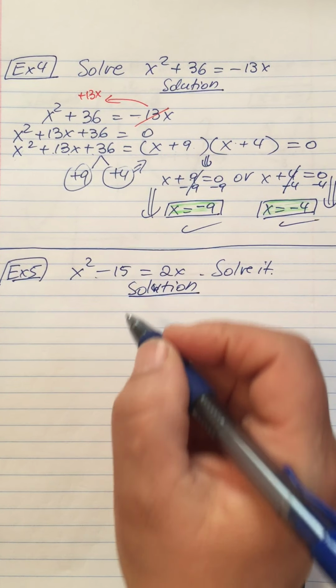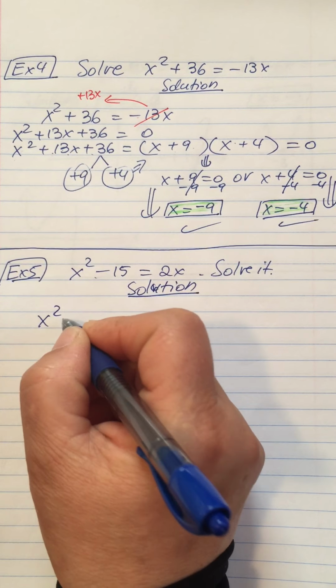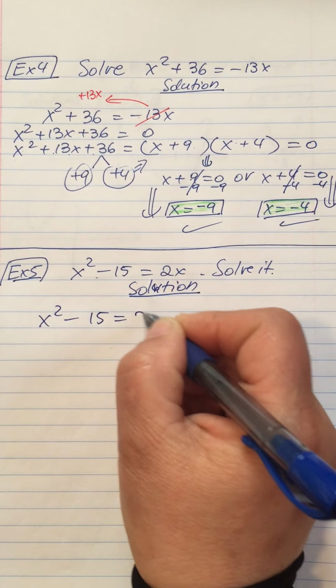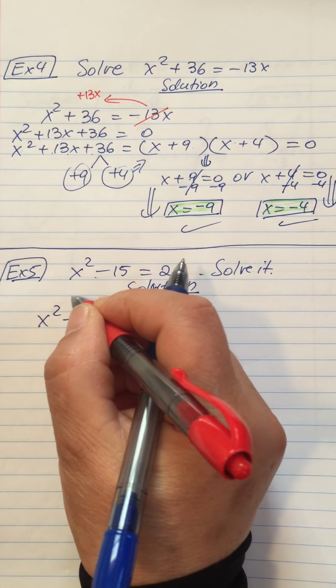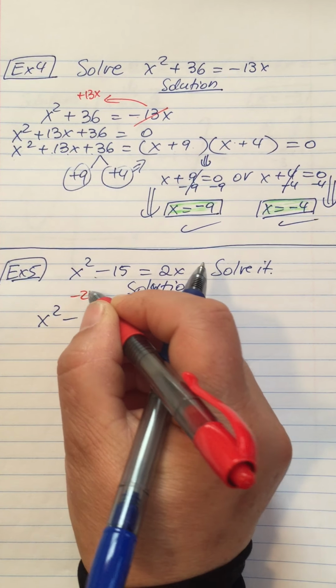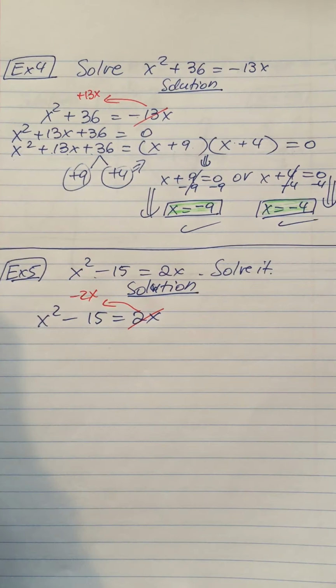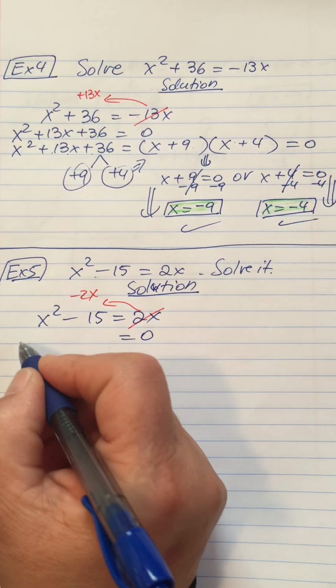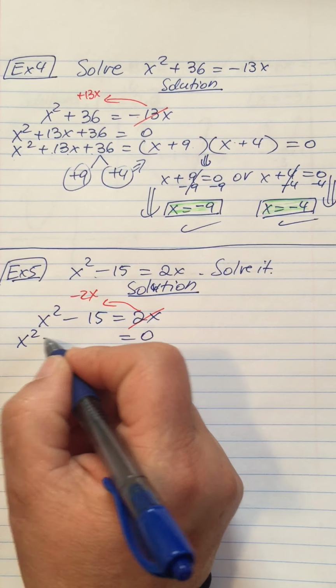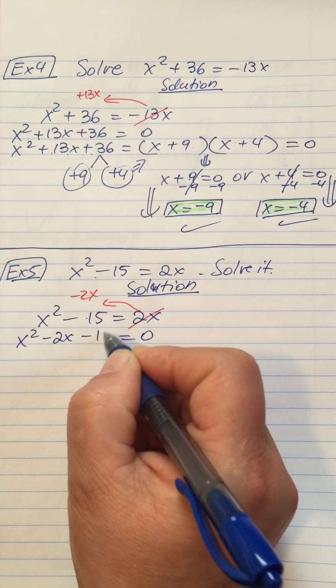It is not in the standard form. So x squared minus 15 is equal to 2x. I will send 2x to the other side by changing the sign. It is positive. And this will be 0 now. So what I have on the left, I have x squared minus 2x minus 15.